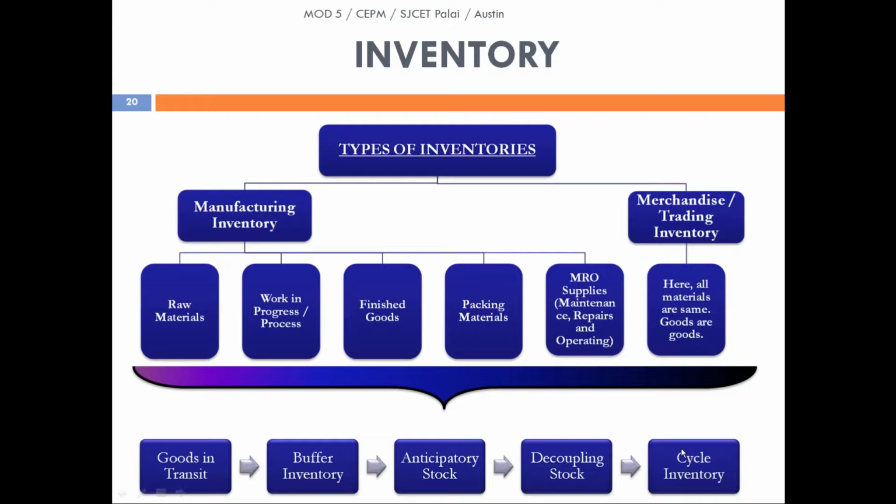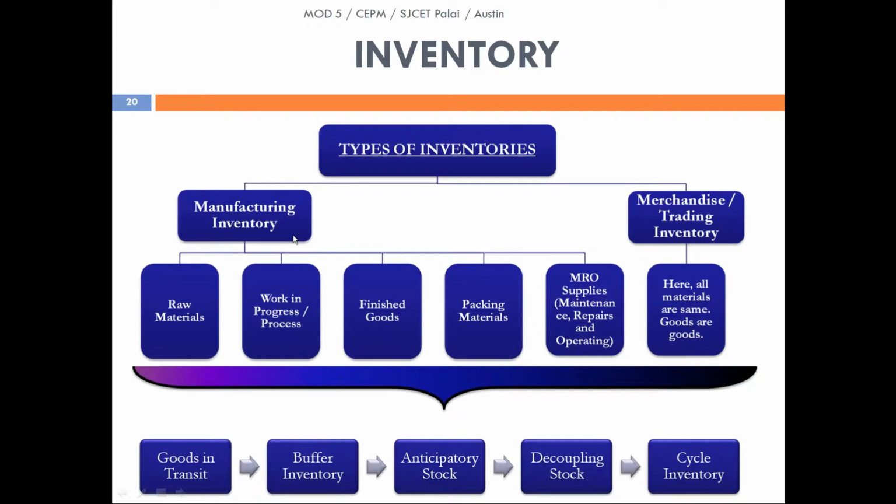Most of the terms are not familiar to you, so first we will deal with what is meant by direct inventory. Direct inventory can be classified into 2: manufacturing inventory and merchandise or trading inventory.